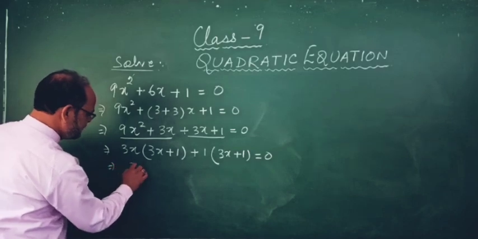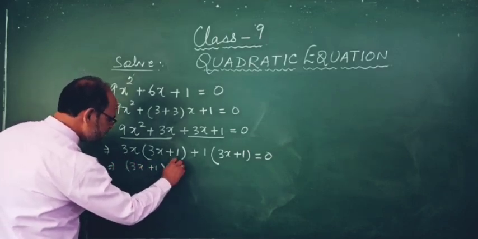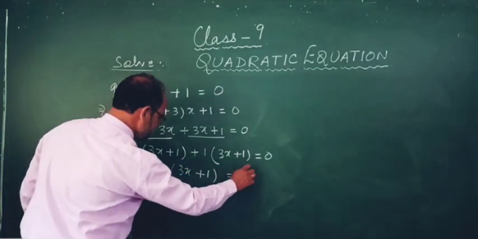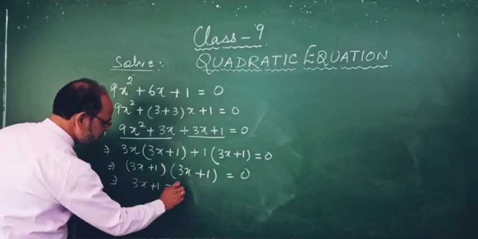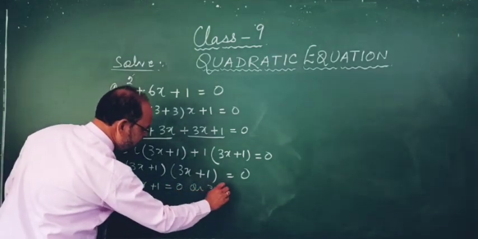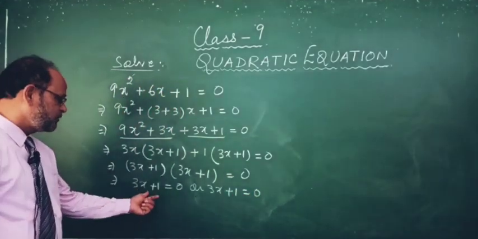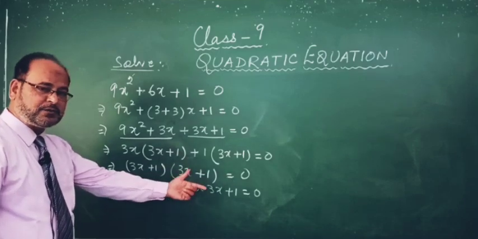Now 3x plus 1 is common in both. So you will put 3x plus 1 equals 0, or again 3x plus 1 equals 0. When you solve this, what will you do? You take 1 to the other side. It will be 3x equals negative 1.